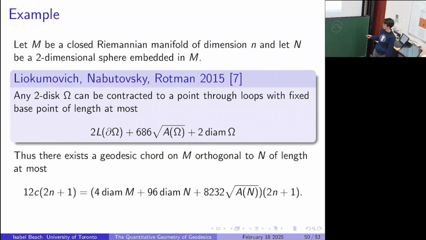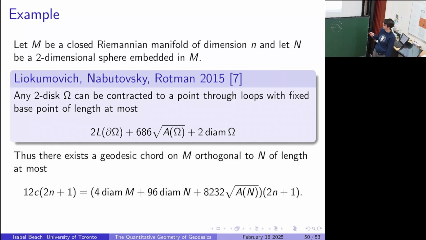So my chord could be terribly long, but this applies for any ambient manifold containing my two-disk, or my two-sphere. So it's kind of interesting that this bound exists at all.